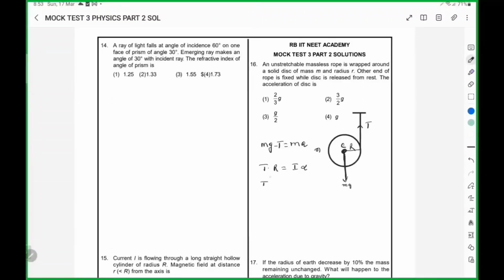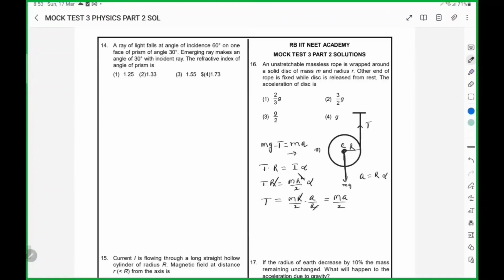Here T is tension, I is the moment of inertia of the disk. For rolling without slipping, a is R alpha; here I is MR squared by 2, alpha is a by R, so tension is equal to Ma by 2.